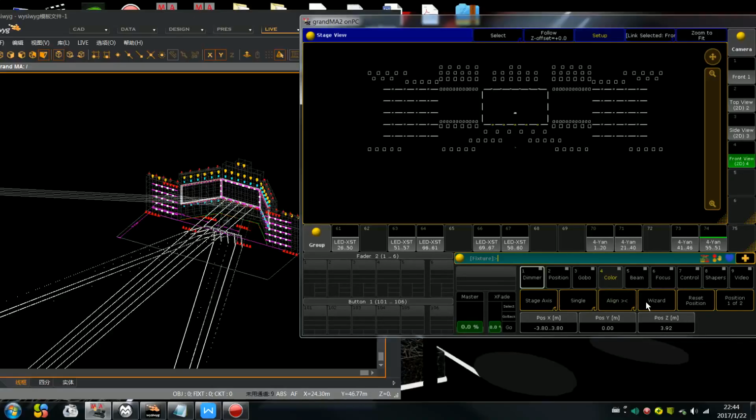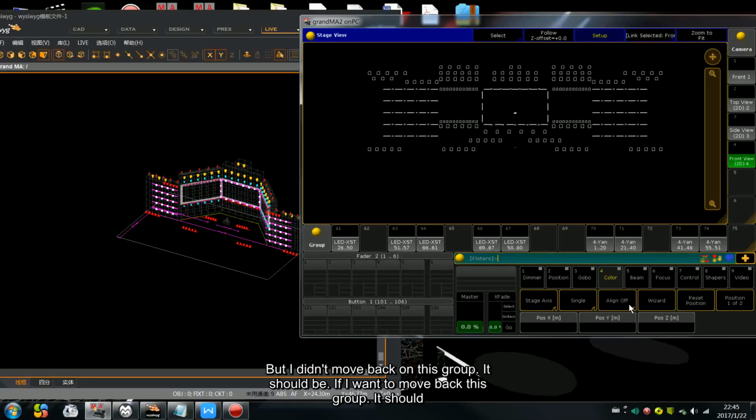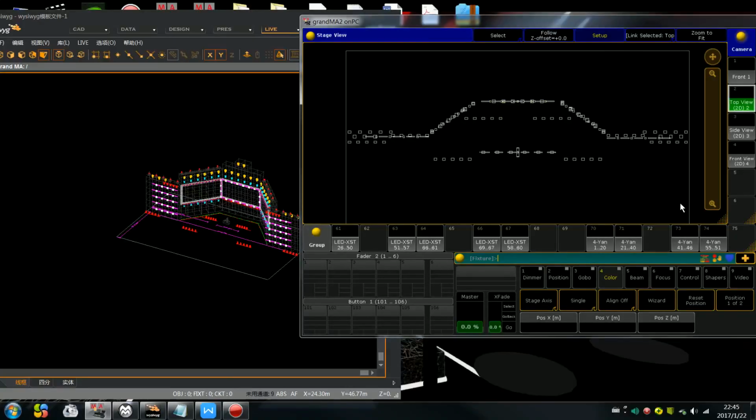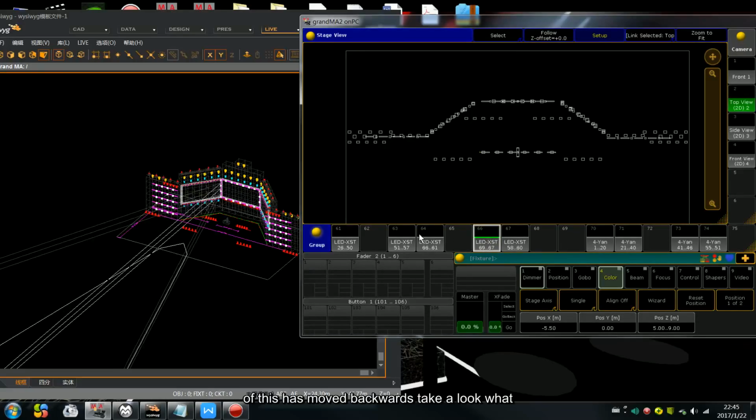Issue 4 points. This group is also done, but I didn't move back on this group. It should be. If I want to move back this group, it should be 7.5. That just meant me. None of this has moved backwards.